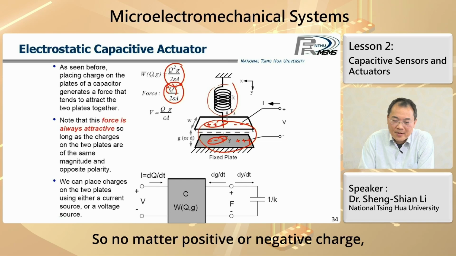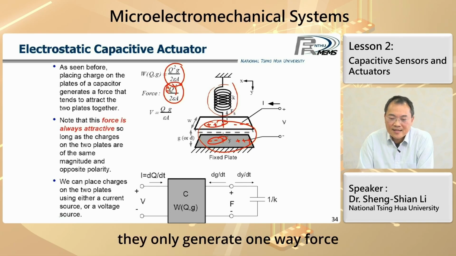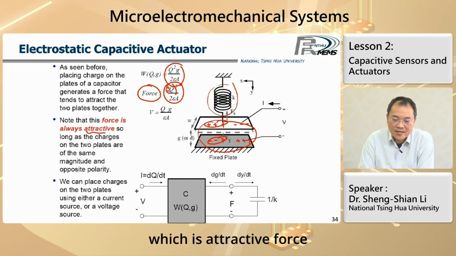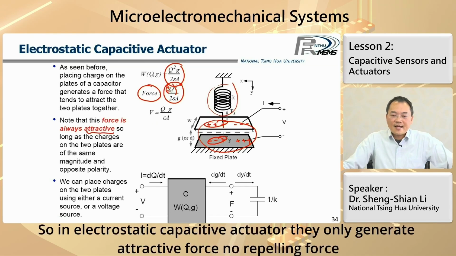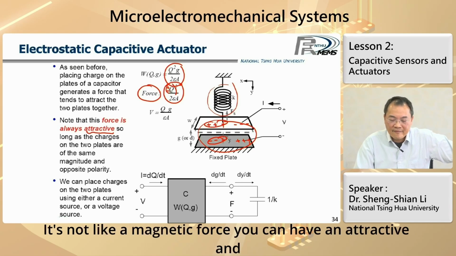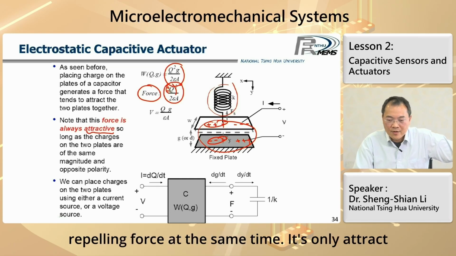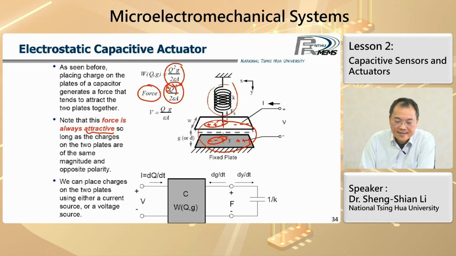So no matter positive or negative charge, they only generate a one-way force, which is attractive. So in an electrostatic capacitive actuator, they only generate attractive force, no repelling force. It's not like a magnetic force, where you can have attractive and repelling force at the same time. No, it's only attractive. So this is a very special feature of the capacitive electrostatic force.